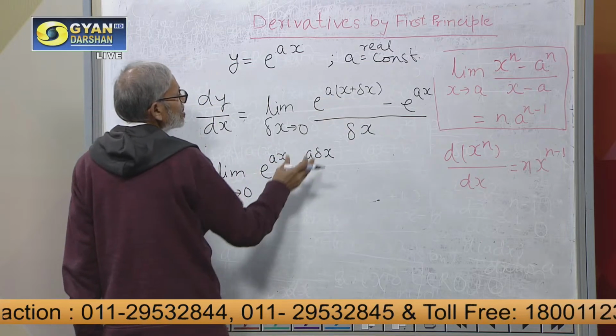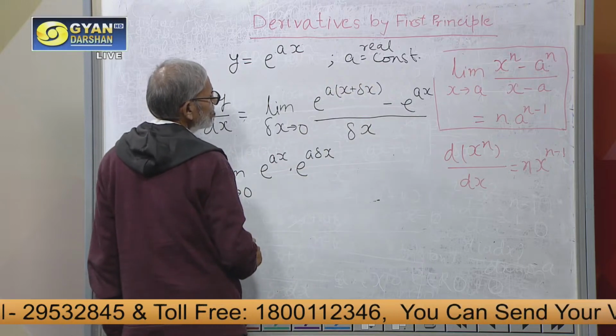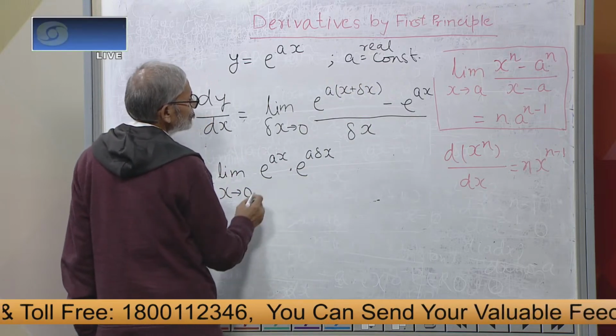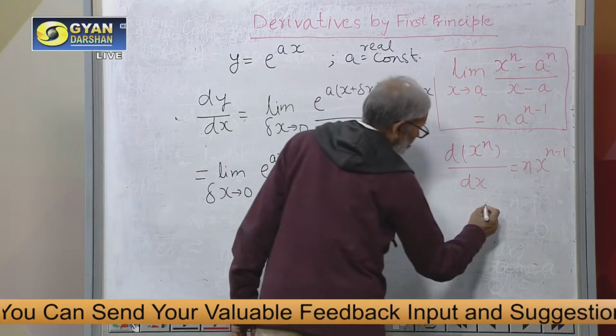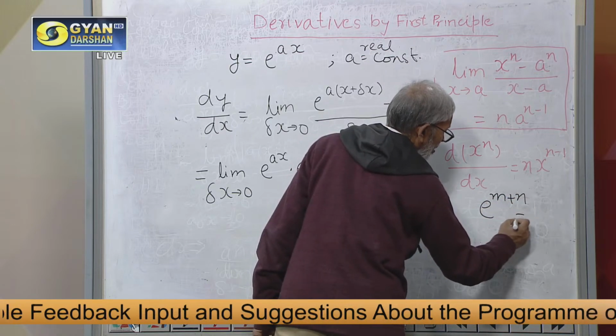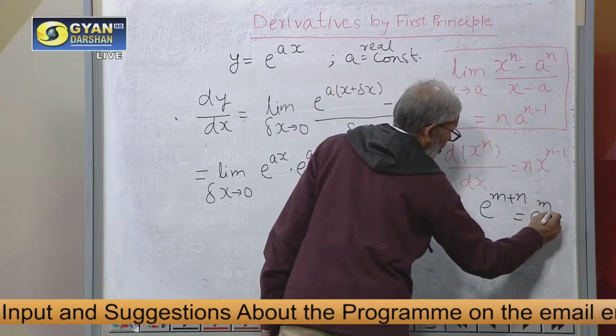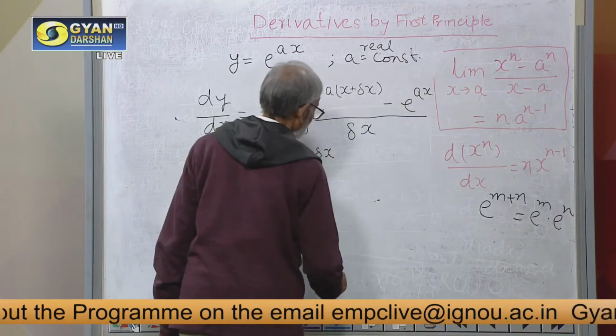It is a sum in the power, so we can write it as multiplication by this formula: e to the power m plus n is equal to e to the power m multiplied by e to the power n.